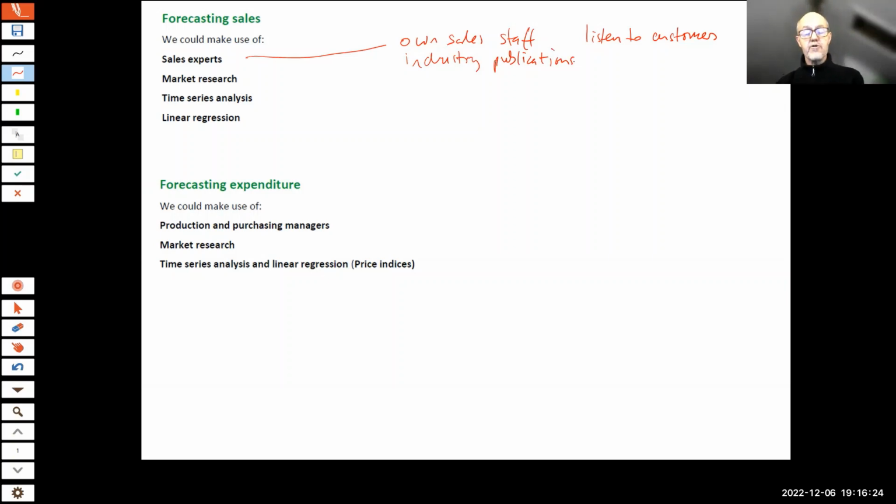So in every industry, there is a body that publishes information. I read some data yesterday from the SMMT, who is the motor industry's body, and they were looking at trends in new car sales and making predictions of what they expect to happen over the next 6 months.